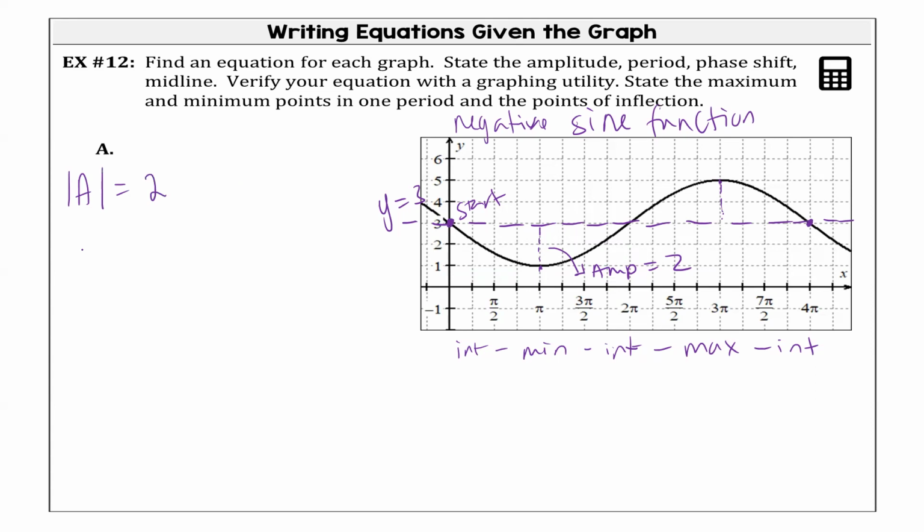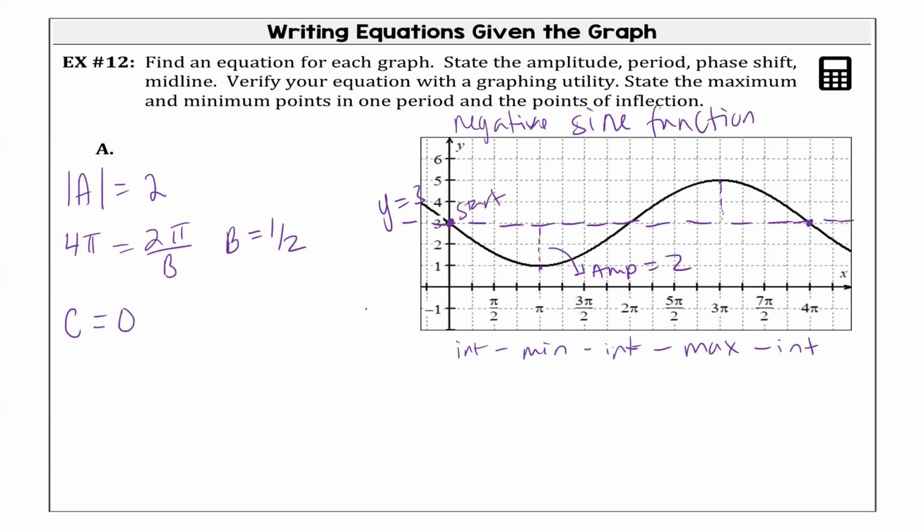And then we're going to state our period. We can count it out, but just to be sure, we know that our period is 4 pi, which means to find our B, it's going to be 2 pi over B, which means that B equals 1/2. Our C equals 0.